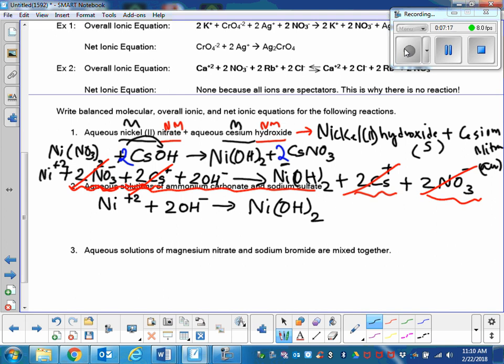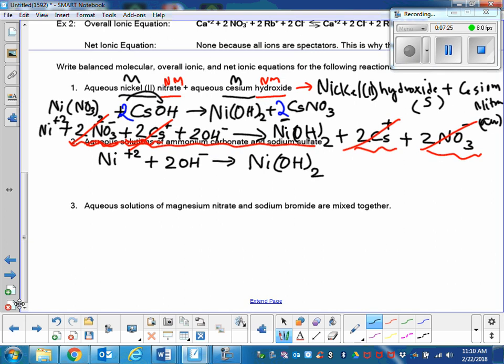All right, let's look at number 3 now. I'll cancel number 2 for now. Let's do number 3. We'll come back to number 2. It says aqueous solutions of magnesium nitrate and sodium bromide are mixed. So it's going to combine and give me what? Magnesium bromide, right? Magnesium bromide plus sodium nitrate.